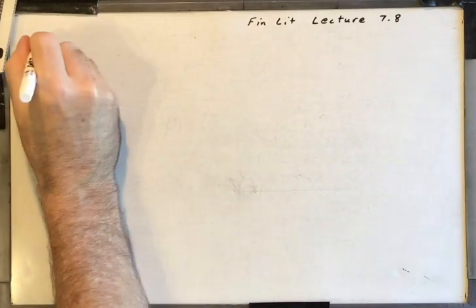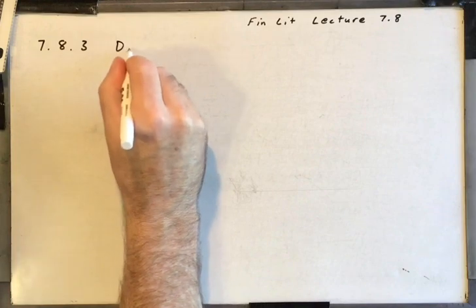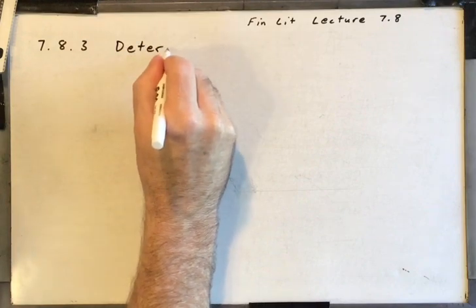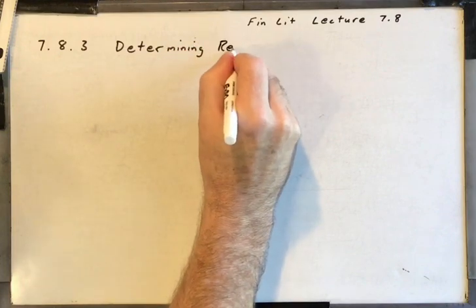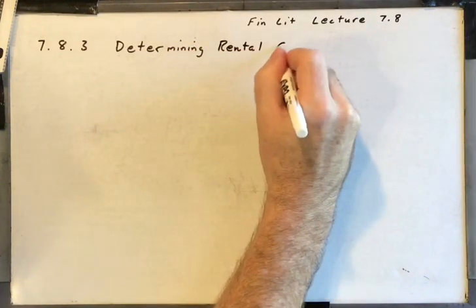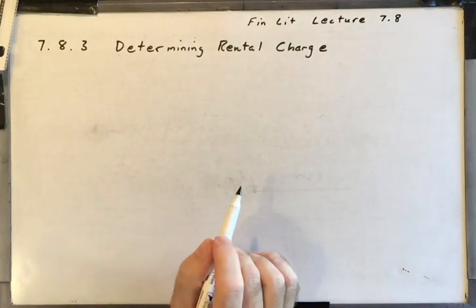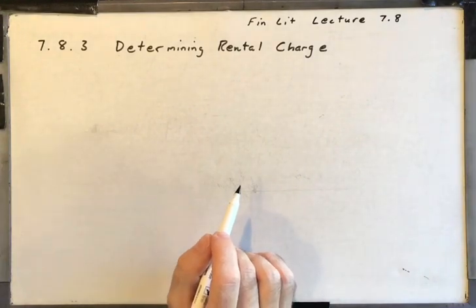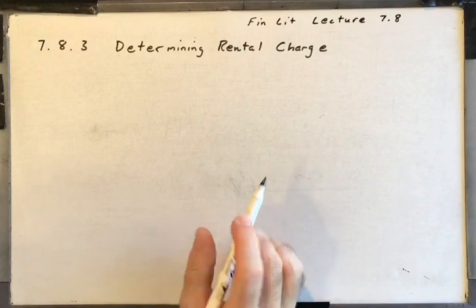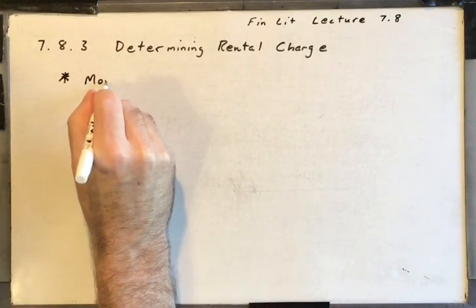7.8.3 is determining the rental charge. All right, so say I own real estate, a house or a condo or something I want to rent out, a house at the lake, that'd be pretty cool. How much do I charge for rent? Well, there's a formula we're going to use for that monthly rent.